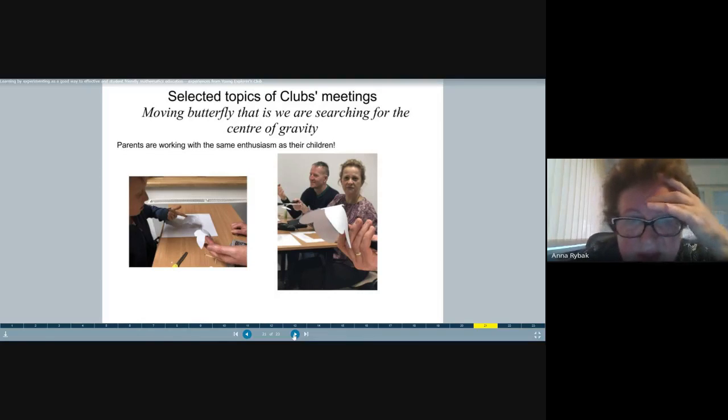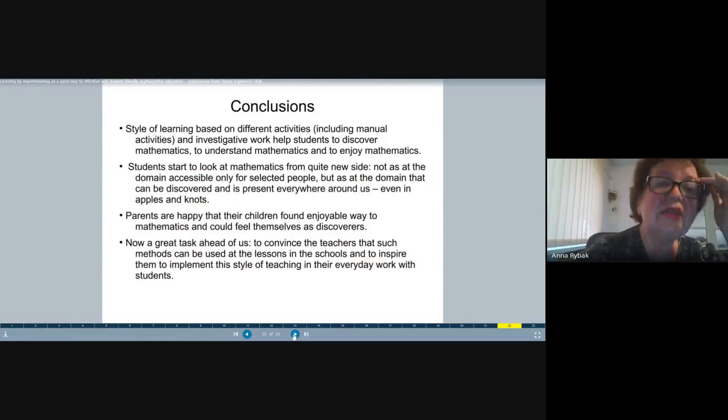The next, please. And some conclusions. Style of learning based on different activities and investigative work helps students to discover mathematics. It is obvious. We observe this.